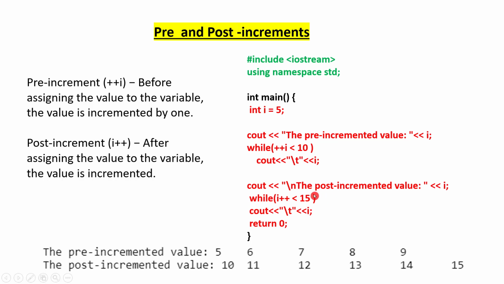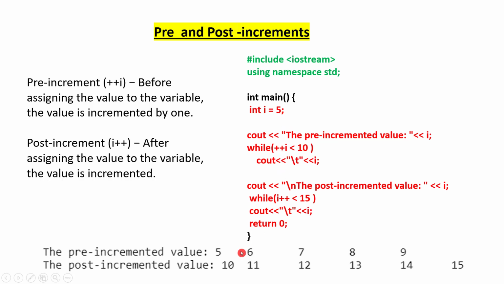Okay, I think it should be clear with this one. Very clear. The pre-increment means that before assigning the value, it is incremented by 1. So here the 5 will be the initial value, then only this command will be executed.